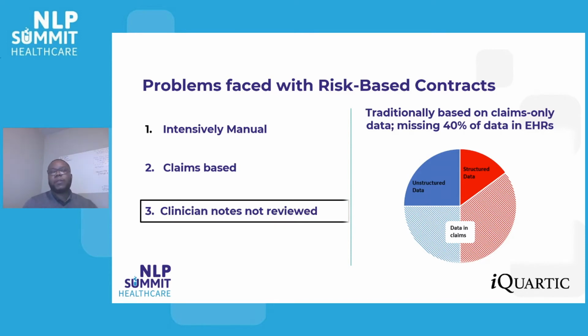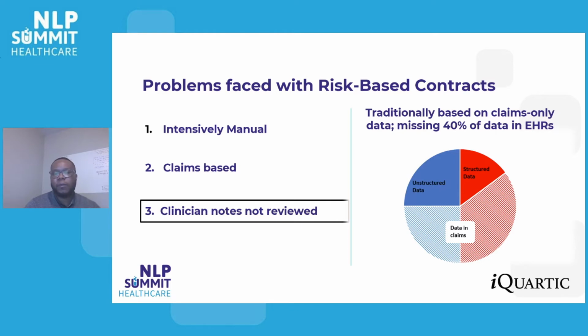Just like in any industry, there are problems that currently exist that are faced with risk-based contracts today. As I mentioned earlier, health insurance risk assessment traditionally is based on data from claims, and this leaves about 40% of risk-adjusted conditions unrecorded because the claims data lacks the clinical details that are necessary.